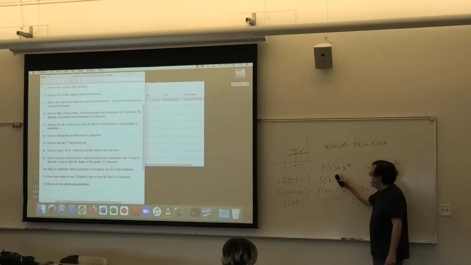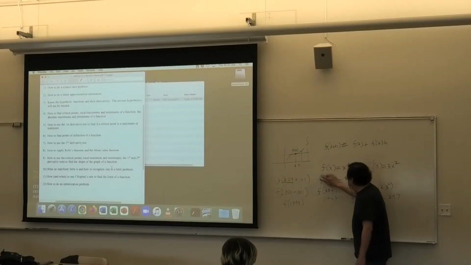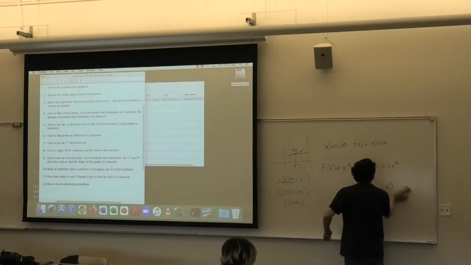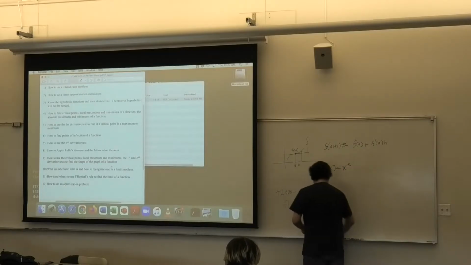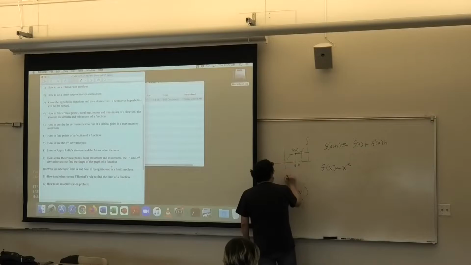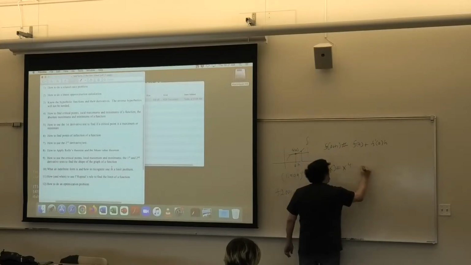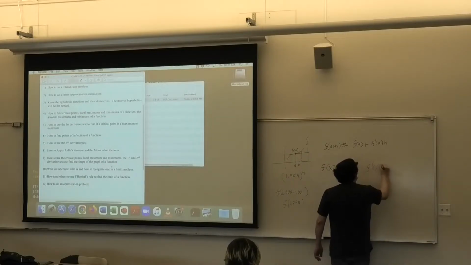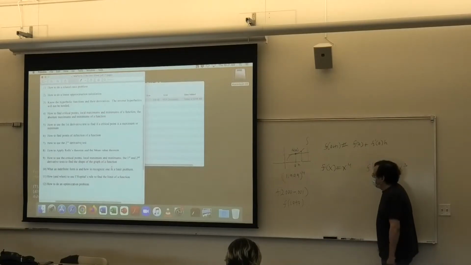What was the function on that problem? X to the 4th. Okay, let's do that. The number was 1.999 to the 4th. So the derivative is 4x cubed, right?